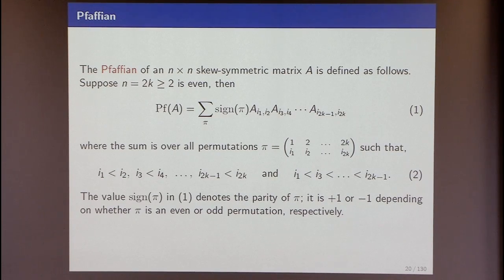So you pick the smallest, and then you ask what's the mate for i3. In other words, you're looking at the partitions of n into pairs of disjoint tuples, and you canonically name such a partition. One must belong to one of the pair, and that's i1, and its mate is called i2. Then you look at the smallest remaining pair lexicographically. That's i3, i4, and so on and so forth.